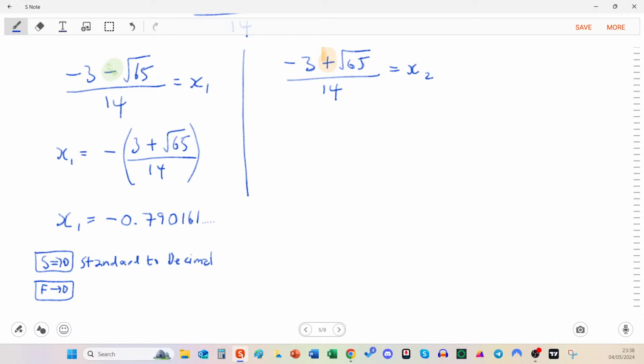The second one is going to be exactly the same, but with a plus. So x2, and we'll skip the exact form, and we'll go straight to decimal on this one. Alright, I'll just type that again. Accidentally pressed equals.